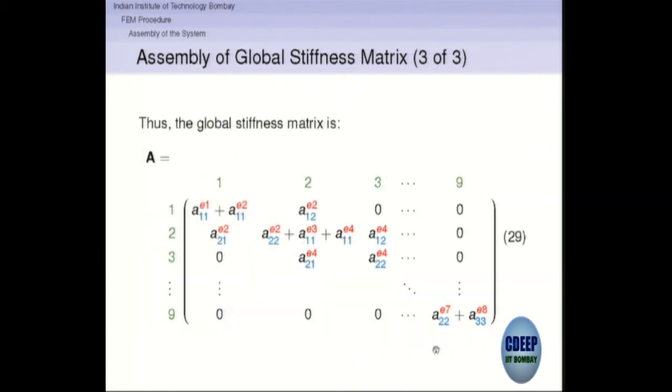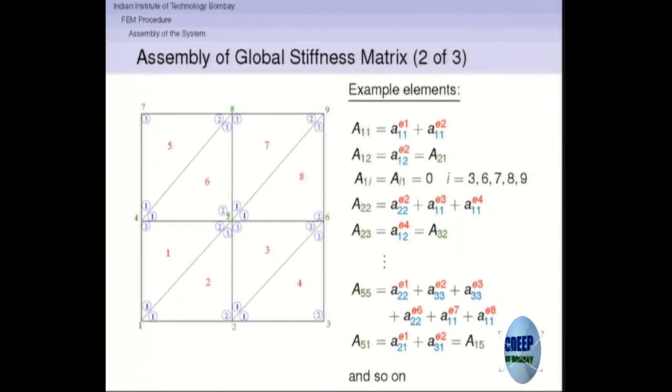Likewise, you calculate all this 9 by 9 matrix, and wherever there is no connectivity, those elements will be 0. For example, here there is no connectivity between node number 4 and node number 1. So, global A14 will be 0, because between triangle 1 and triangle 4 there is no common node, right. So, that means global A14 would be equal to 0.